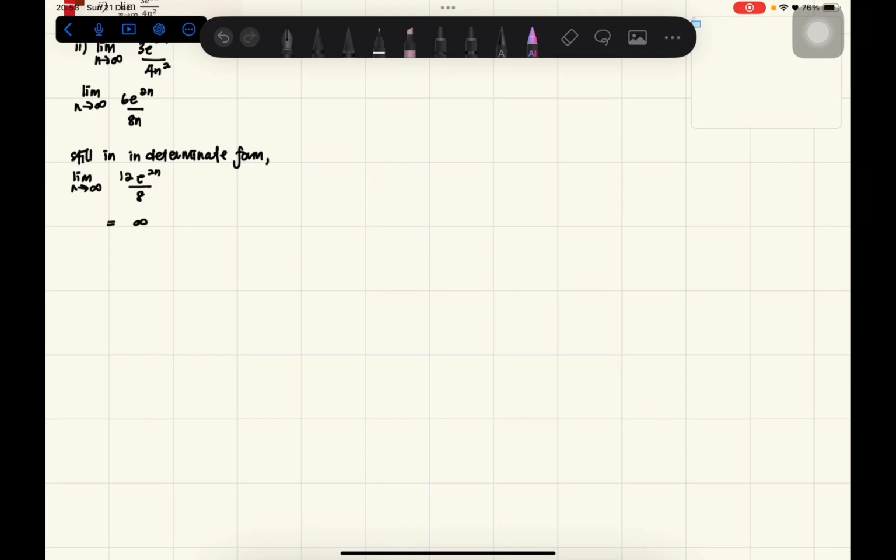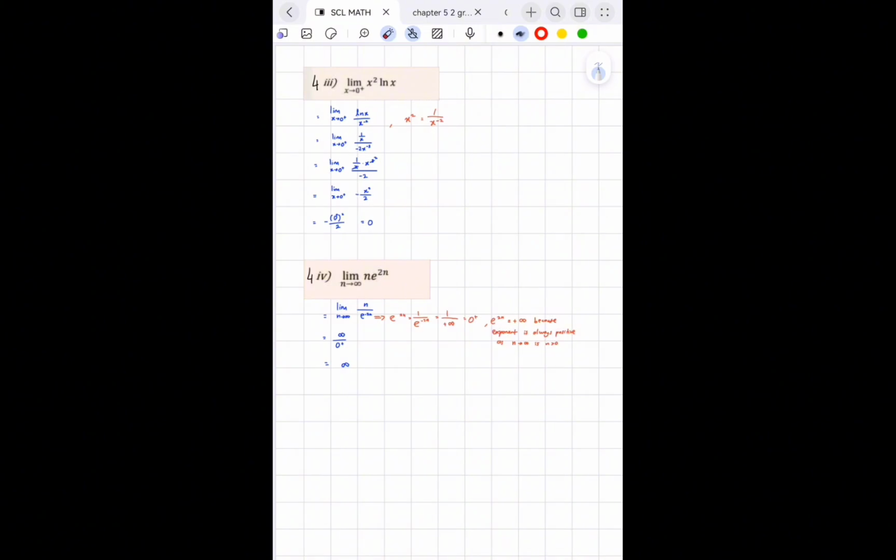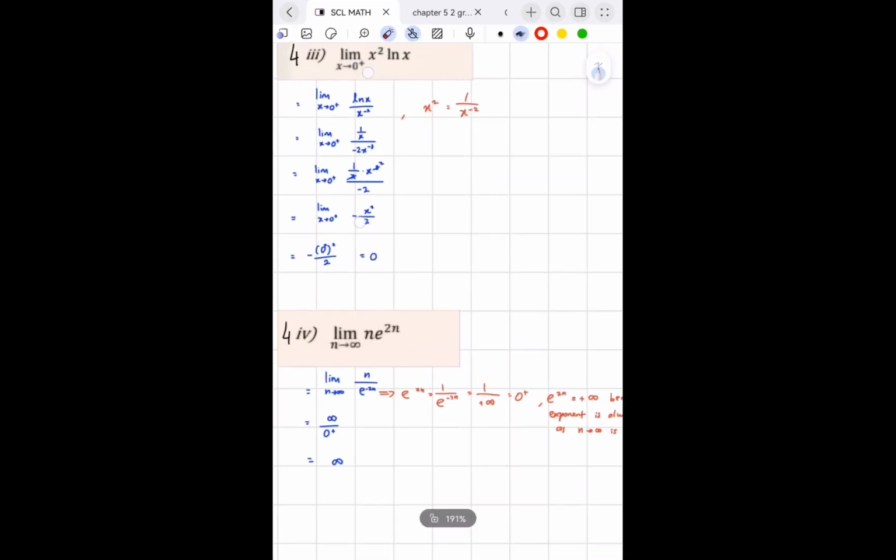So substitute infinity into n, and therefore as n approaches infinity, the limit diverges to infinity. So the final answer is infinity. Thank you.